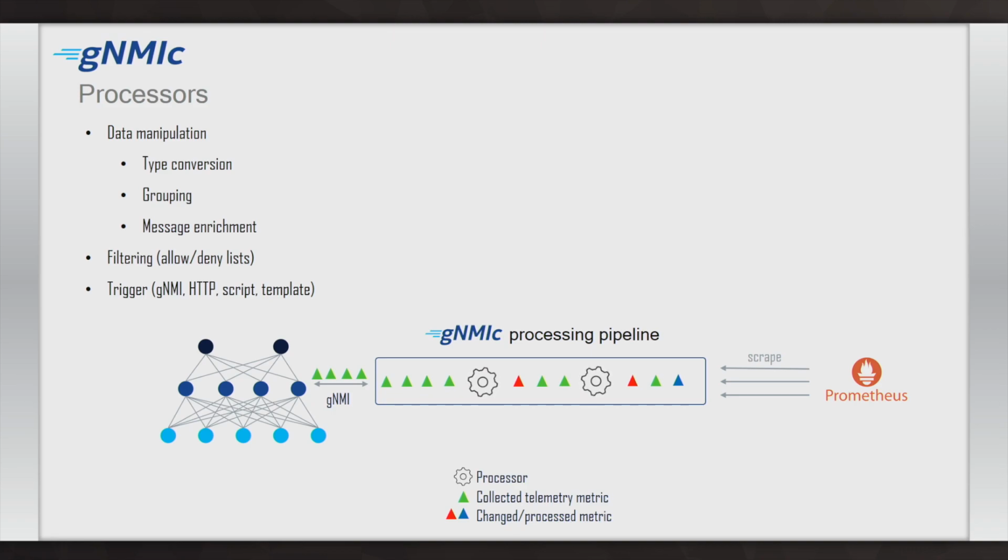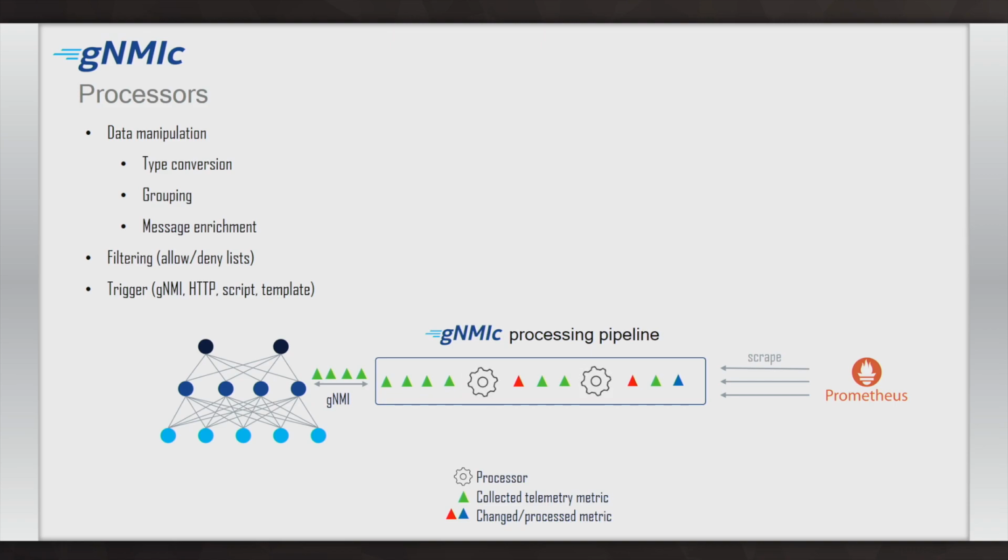So processors: you can do basic data manipulation with gNMIc. You can change the type of the values you receive. A very common use case is changing strings to integers. If you're dealing with counters, some databases will not take it or will not figure that out.